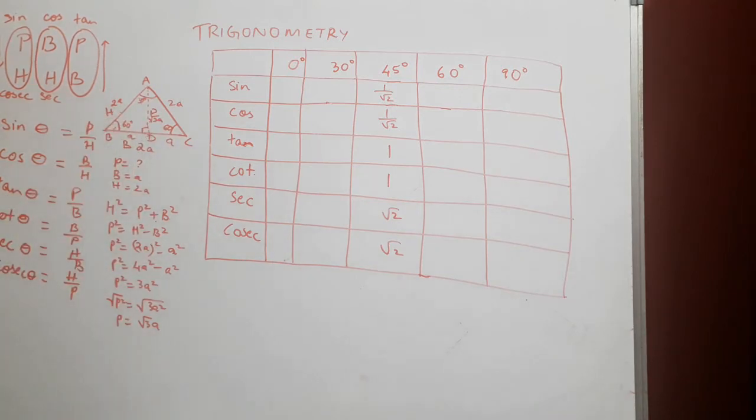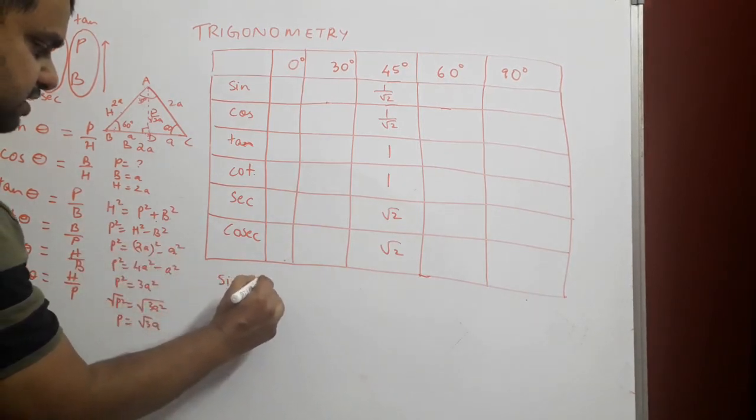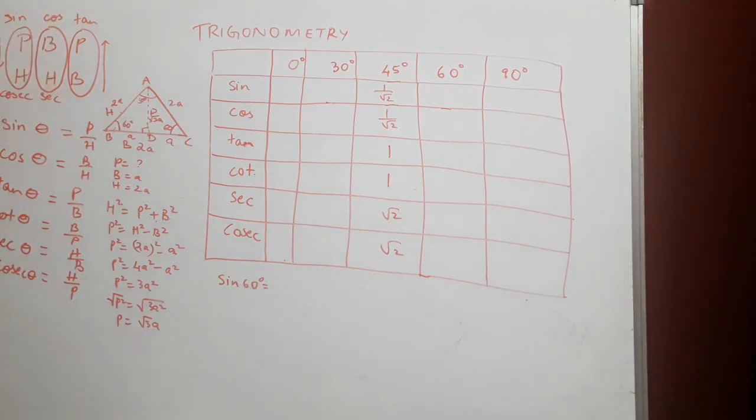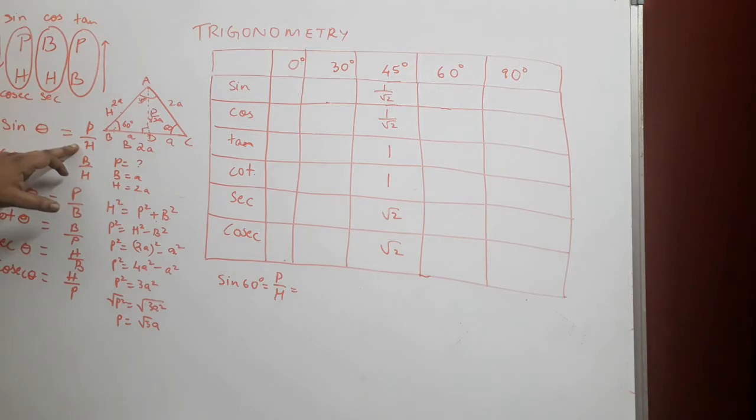Now that we have got the value of the three sides, let us find out what is sine 60 degrees. Once again we use Pandit Badri Prasad Har Har Bole and the values that we have got from this mantra. So sine theta is p upon h. So p upon h, what is p?